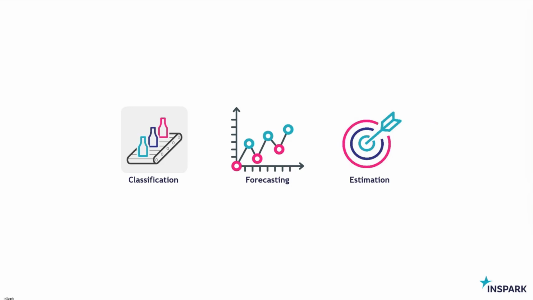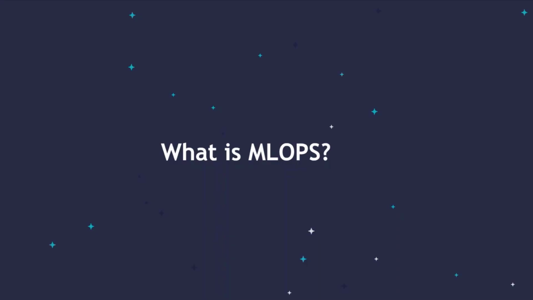You take a lot of data and put it through a machine learning algorithm, and then you fit a model using the training algorithm. Just doing this on your laptop or within a single notebook, that's fine and all. But if you want to do this on a data platform, then you require a process for doing this repeatedly, and that's where MLOps comes in. MLOps is the process of managing the machine learning lifecycle and all the assets that are involved.